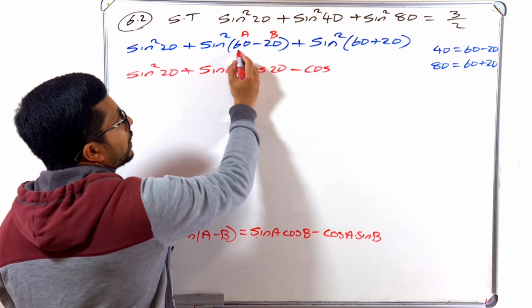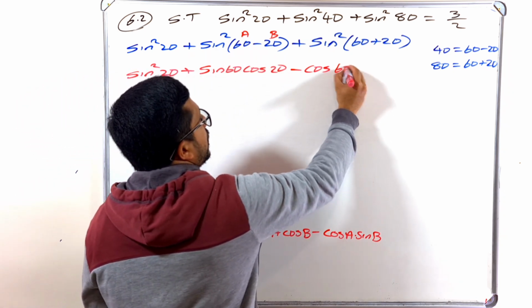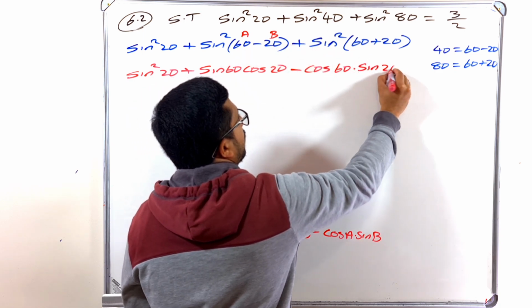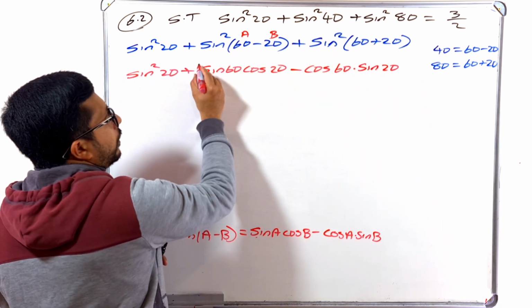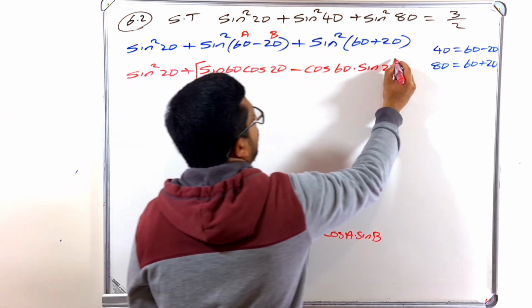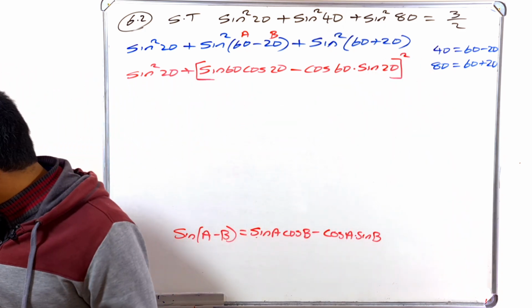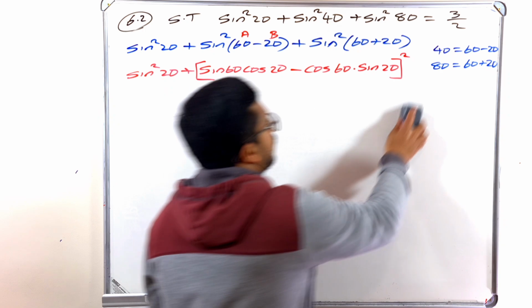Our a is 60, so cos 60 sine 20. Since here it is square, we have to square that one. Okay. Now the next one.